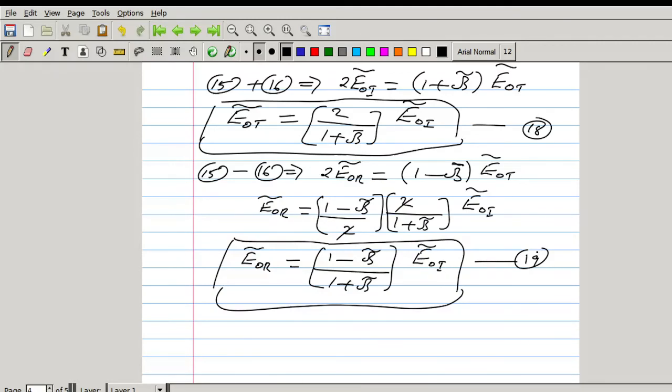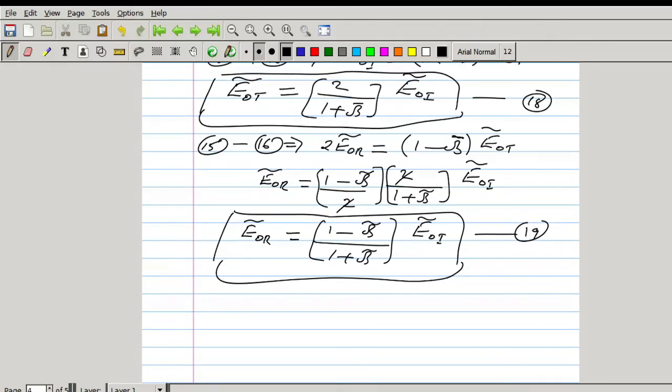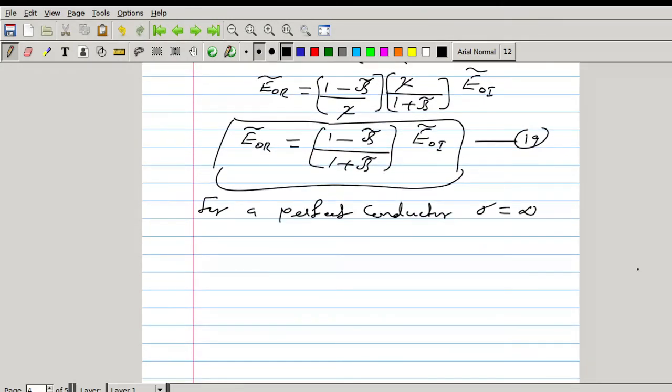Now, for a perfect conductor, what is the conductivity? This is conductivity, not surface charge. Conductivity sigma equal to infinity. If sigma equal to infinity, then we know the expression for K2, which has a real part and imaginary part, and those real and imaginary parts consist of sigma.